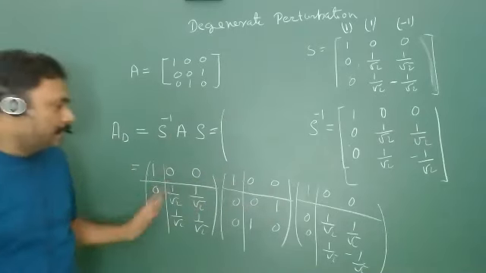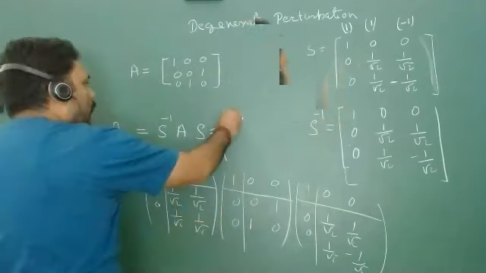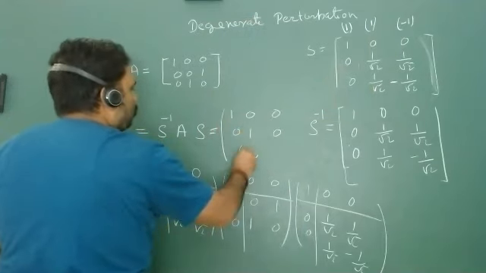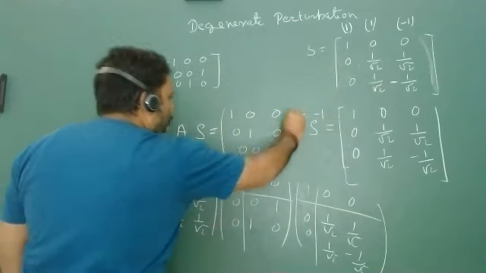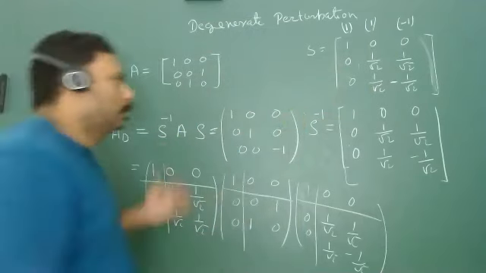And what will be the answer? According to this S matrix, if I take 1 1 minus 1, then my answer will be 1 0 0, 0 1 0, 0 0 minus 1. So there is no need to calculate all these things.